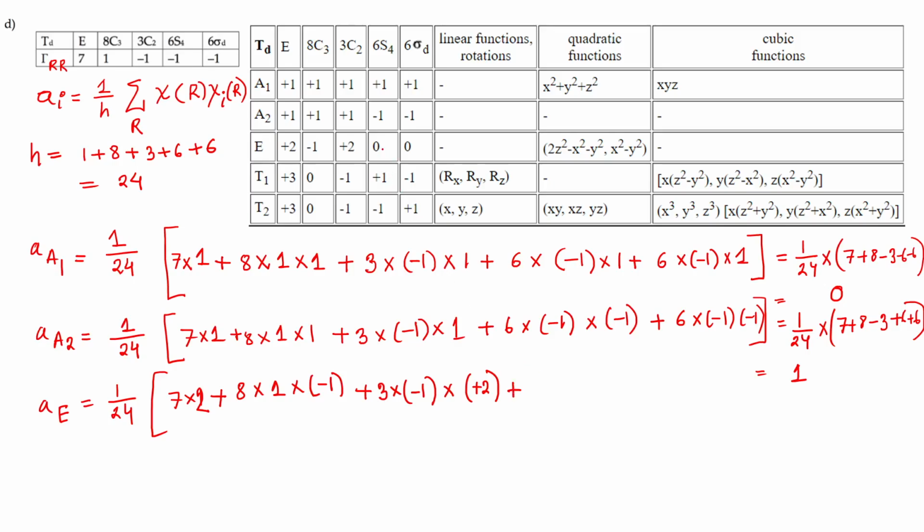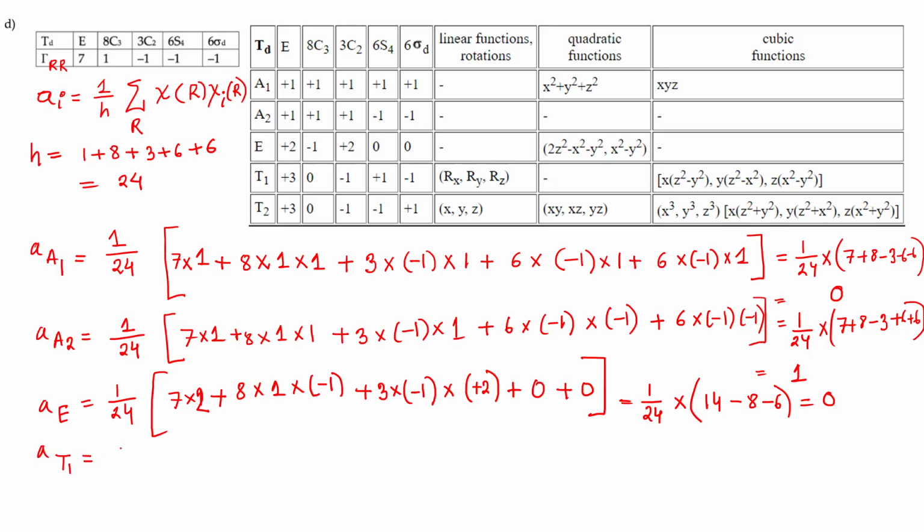Then we are multiplying by 0, so plus 0. So this is 1 over 24 into 14 minus 8 minus 6. So this is also 0. So there is no E.